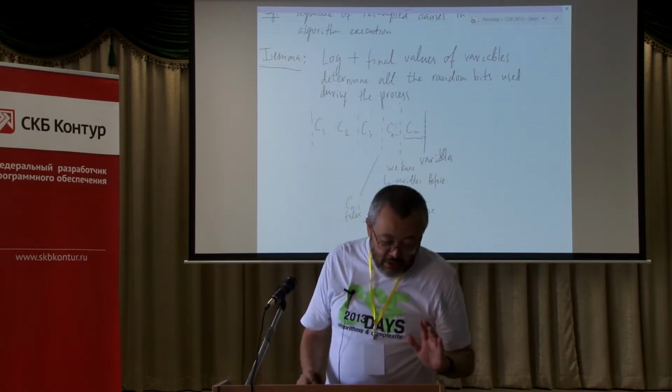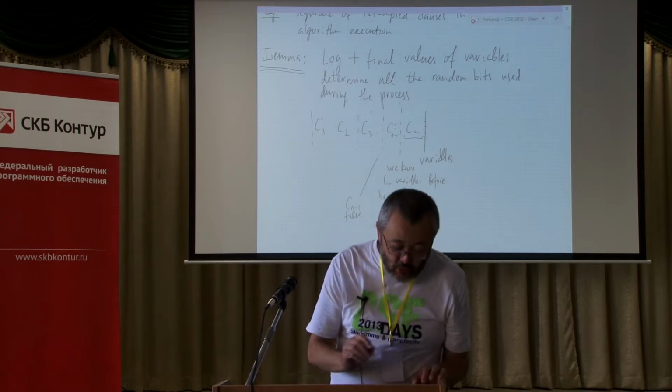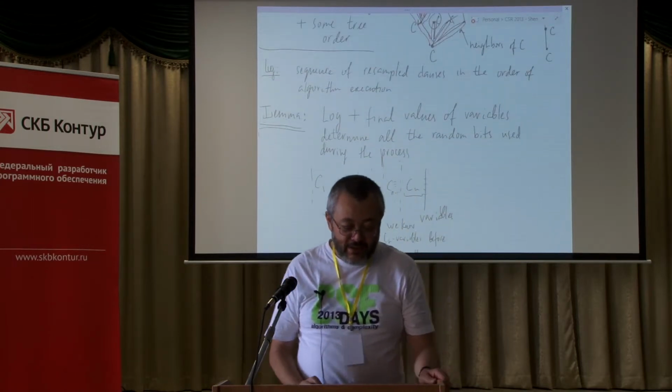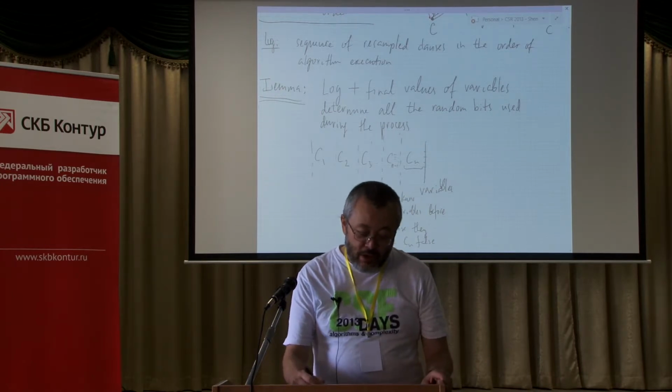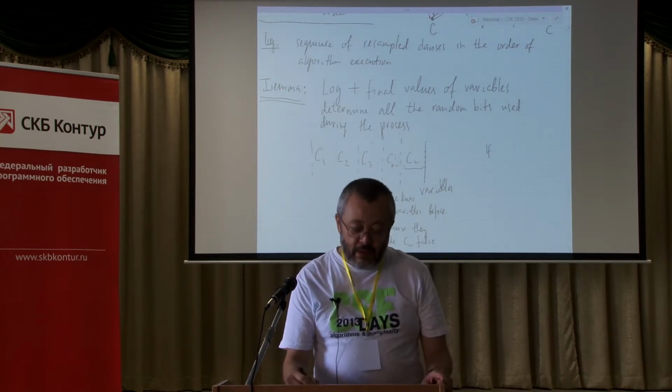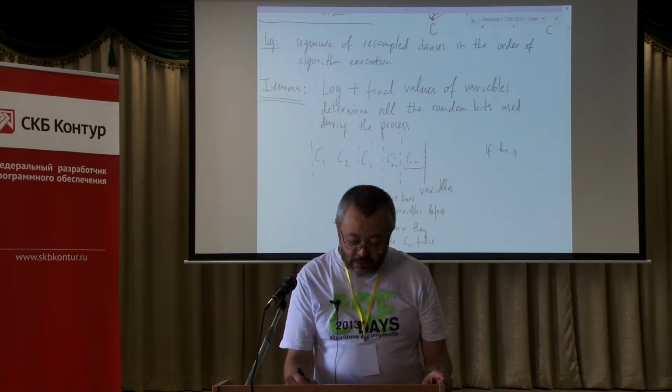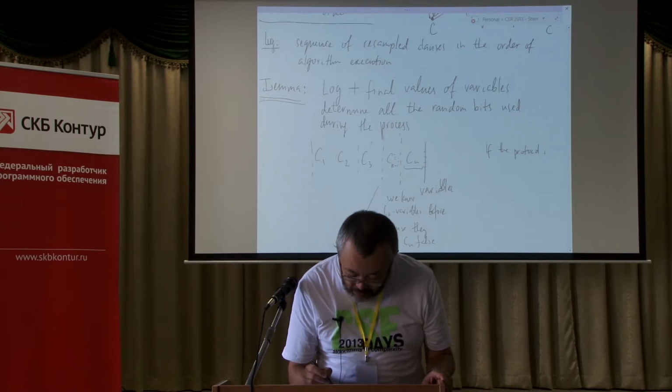Okay, so this is the lemma, and maybe I should say first why we are interested in this. Because we will show that if the protocol is long, this n is not good because n is the number of something. Okay, let's say m here.